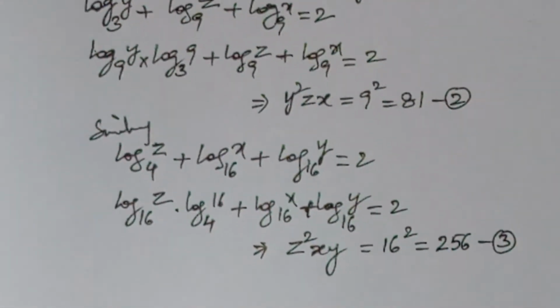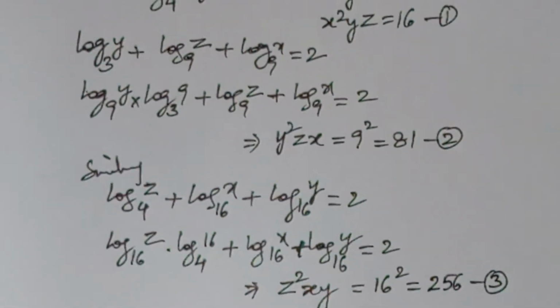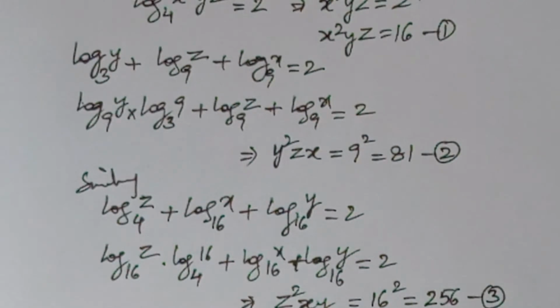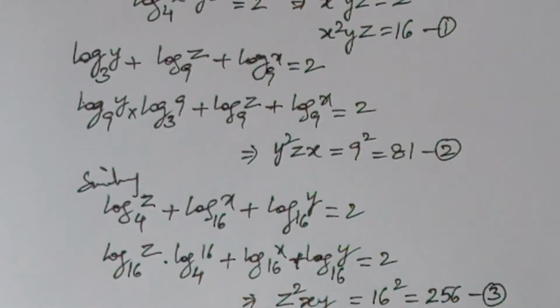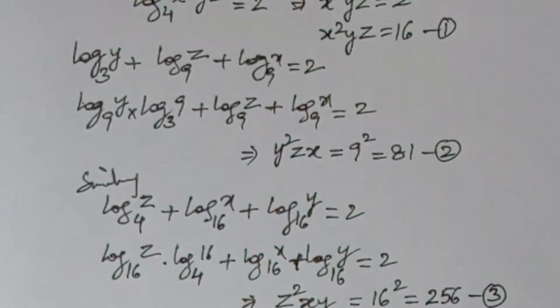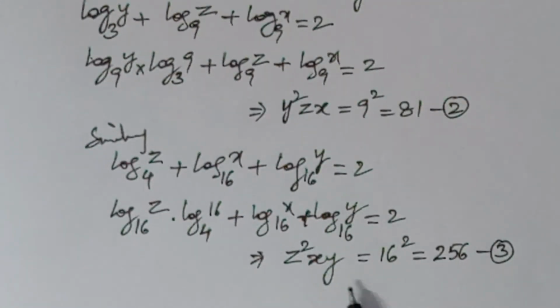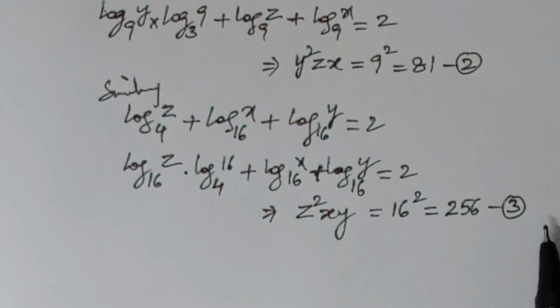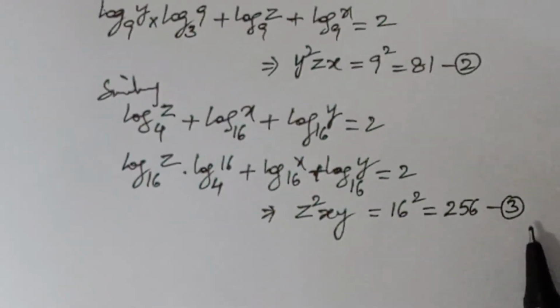So these are the three equations you got. First one is x square yz equal to 16. Second one is y square zx equal to 81. And the third one is z square xy equal to 256. Now our target is to find xyz values.